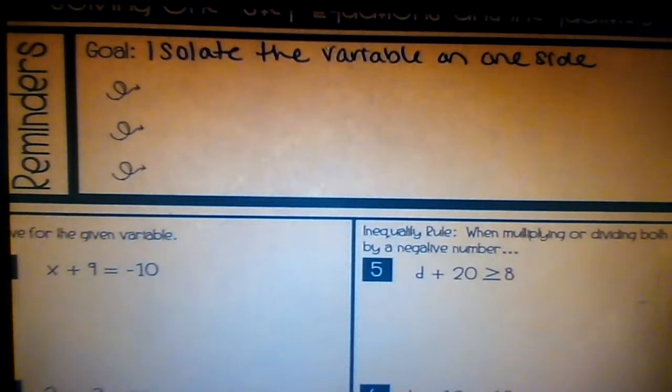You're all by yourself. So our goal is to get whatever variable we are trying to solve for all by itself. We don't want anything added to it, subtracted from it, multiplied or divided. We want the X or the B or the C to be all by itself. So, ways we do this, we use inverse operations.